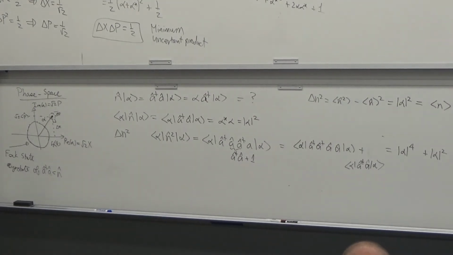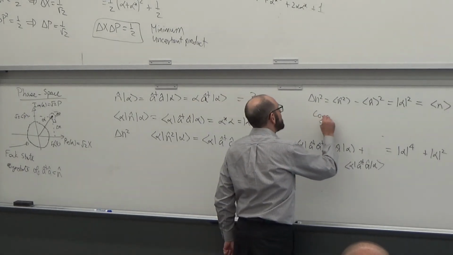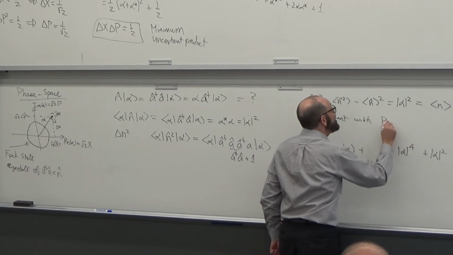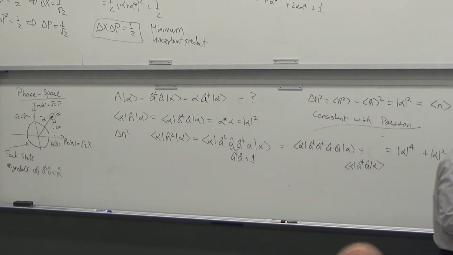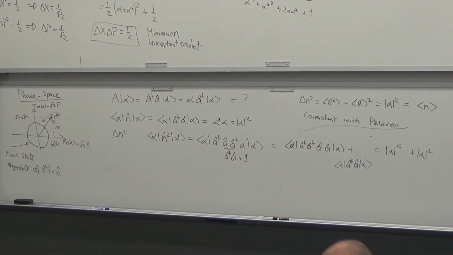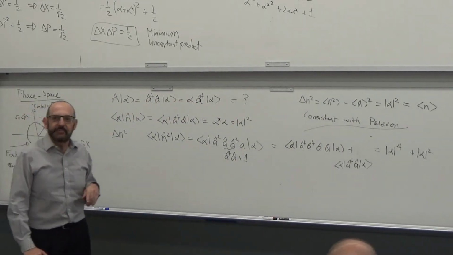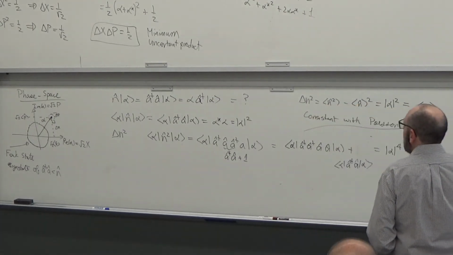A Poisson distribution. So this is consistent with Poisson. Amazing. It's a random correlation. It just falls right out. Let's prove this now, and through that prove that such states exist, that these coherent states exist.